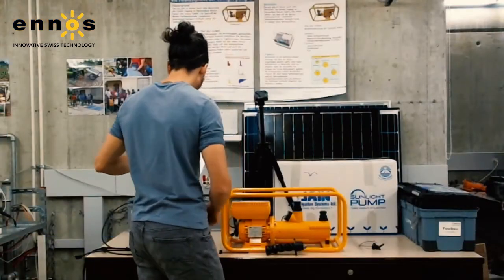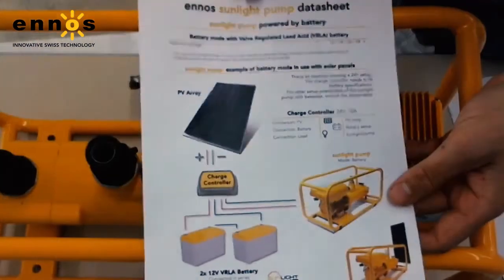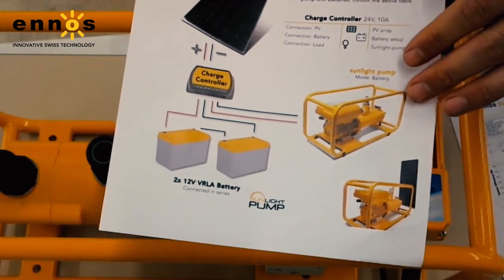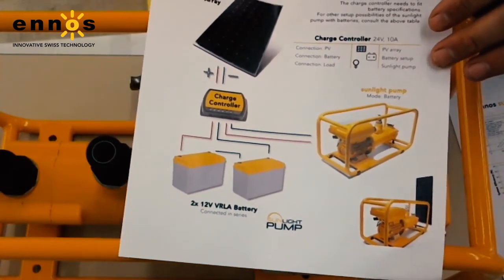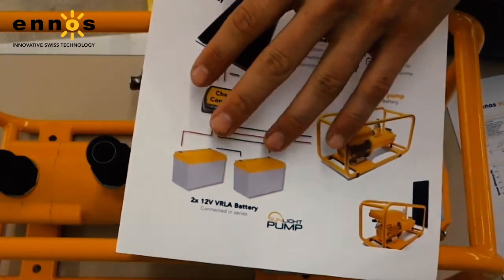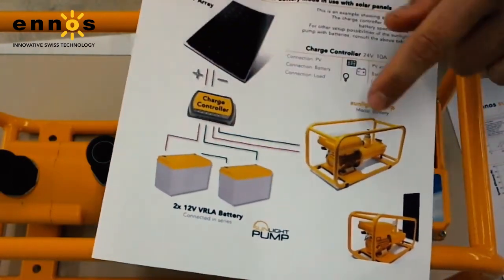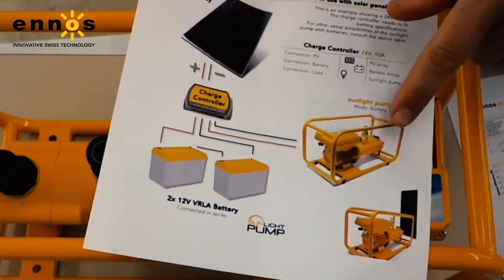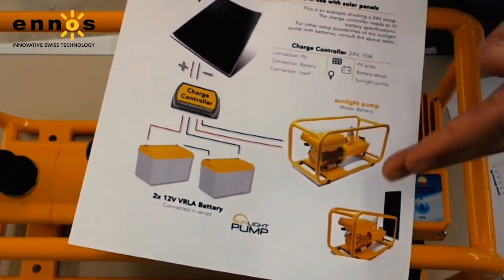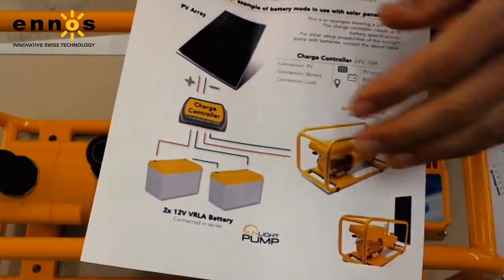On the last page of the data sheet, you'll find an example of a battery setup. So you'll see the solar panels, the charge controllers, batteries, here they are set up in series, and the Sunlight Pump, which is the output of all our energy.